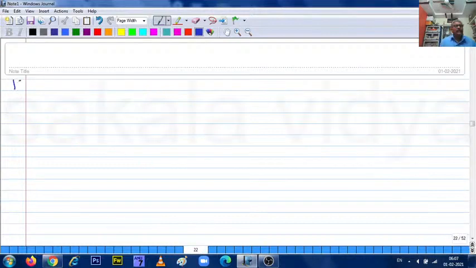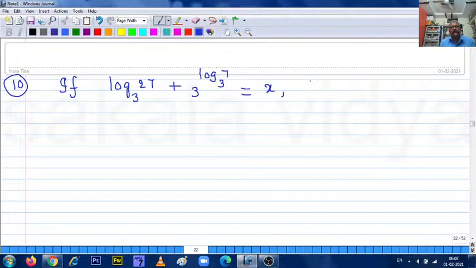So now the 10th question. If log 27 to the base 3 plus 3 to the power of log 7 to the base 3 equals x, then find the value of x.